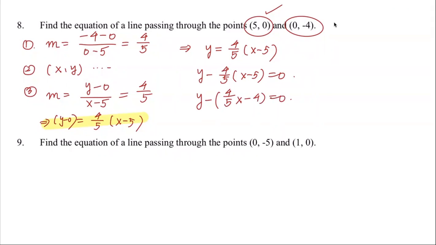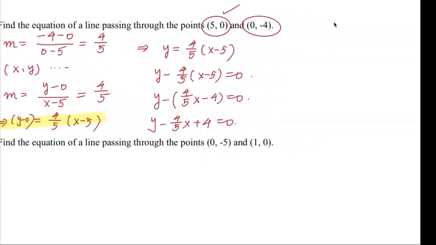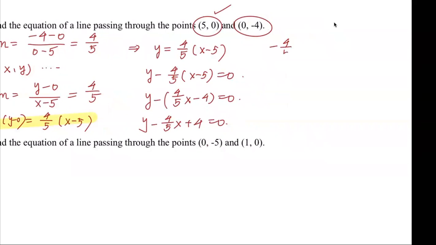And we open the brackets now. y minus 4 over 5x plus, see, again, minus here, right? We have a minus sign before brackets, so all the signs in the brackets need to be flipped after we open the brackets. Plus 4 is equal to 0. So minus 4 over 5x plus y plus 4 is equal to 0. That's the standard form of this equation.